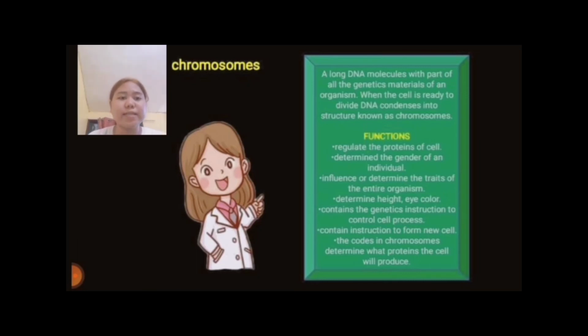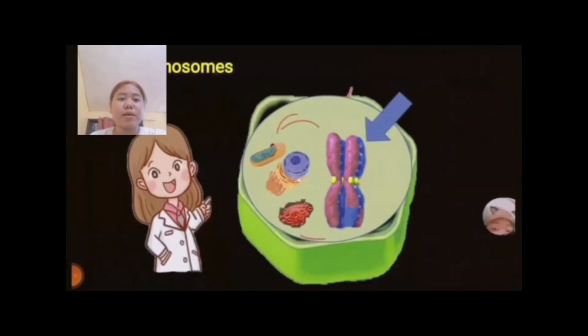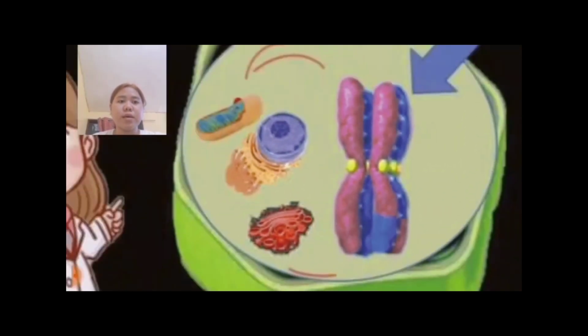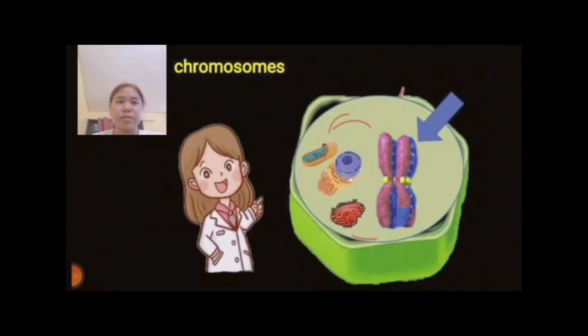So the last one, guys, is the codes in chromosome determine what proteins the cell produces. So chromosome determines what proteins the cell will produce. So here's the chromosomes, guys. So ito yung chromosomes. This is the chromosomes.